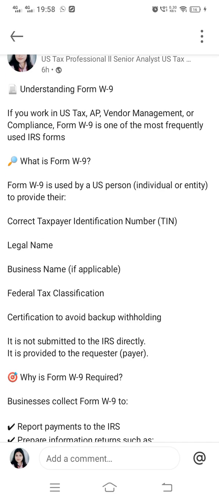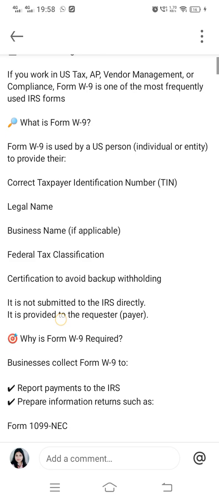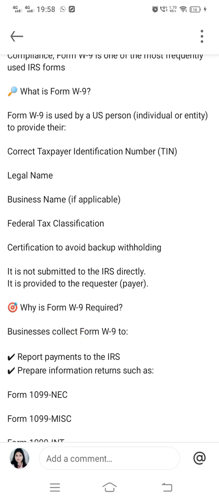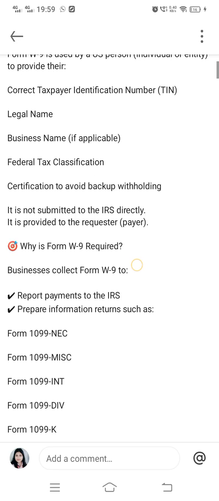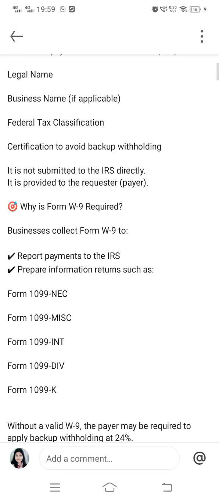And why is form W-9 required? As I have told you, one of the major reasons is to avoid the withholding.